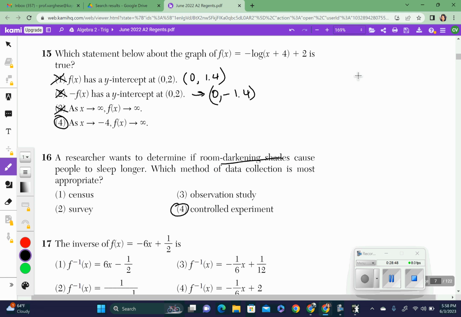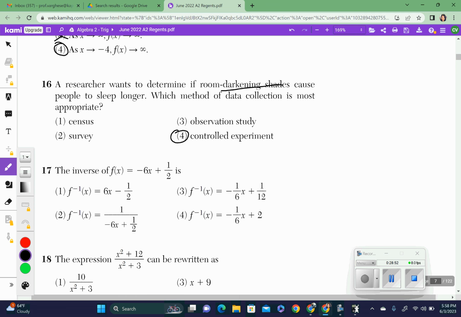Observational study. Yeah, we're not going to observe. That's kind of creepy. Controlled experiment, right? You can give half the people no room darkening shades. You can give the other half room darkening shades. So this is a control group. This is an experimental group. And then you can see if there's an effect. So that is a controlled experiment.